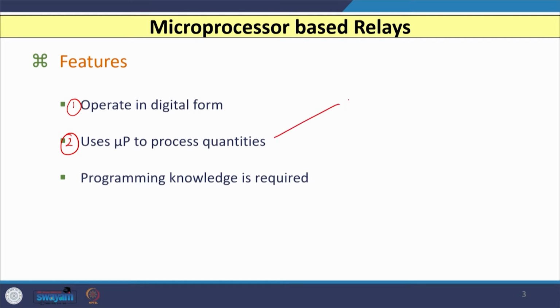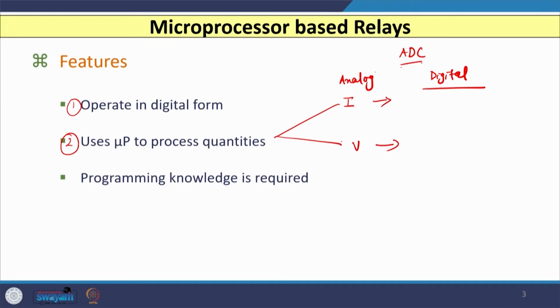If we have acquired quantities, current or voltage, then we have to convert this analog input in the form of voltage and current into digital form. So, this relay only accepts digital inputs. We need some devices which are capable of converting the analog values into digital values, so we need analog to digital converters.